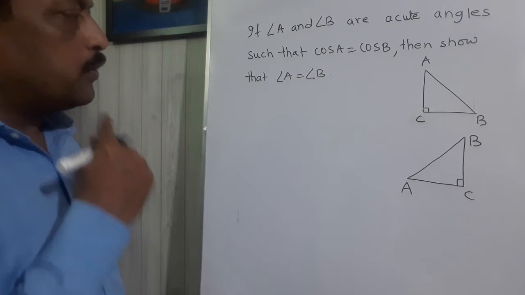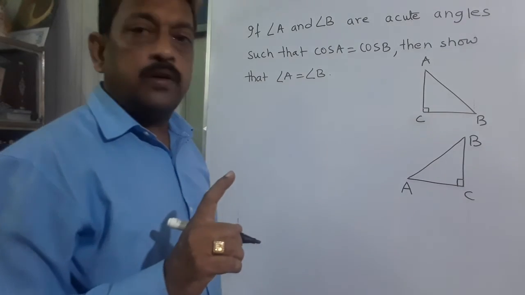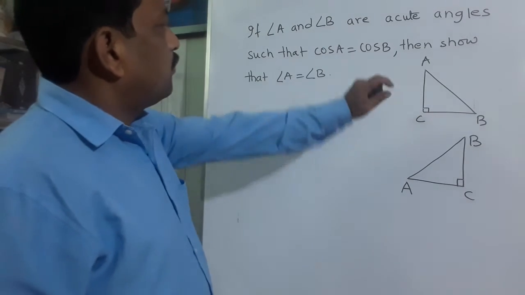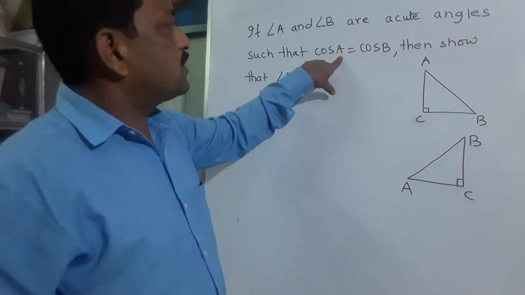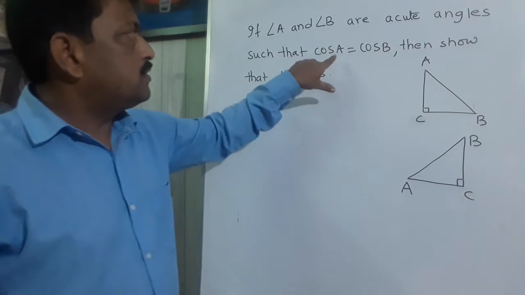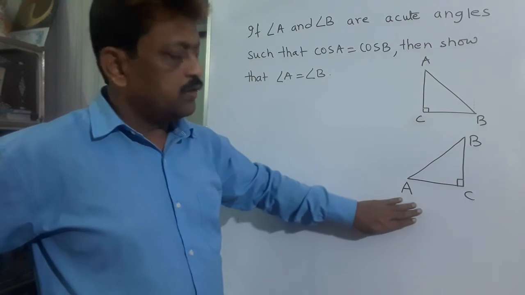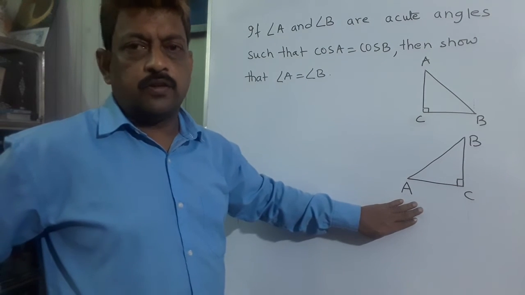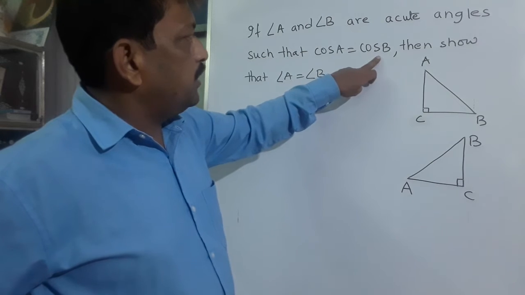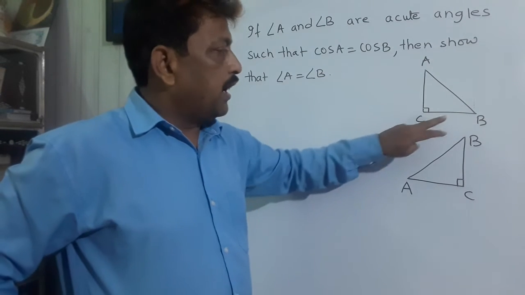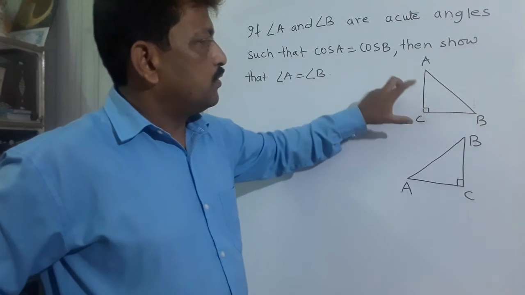Now why have I drawn two diagrams? The reason is already known to you, but still I am telling you once again. Since cos A is for the acute angle A, I have drawn this diagram for cos A. And for cos B, I have drawn angle B at the base.